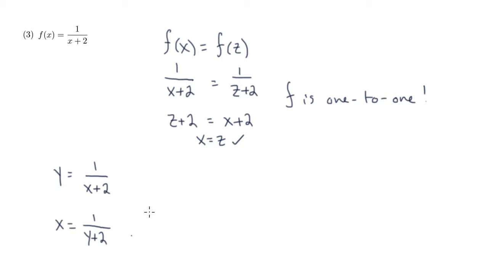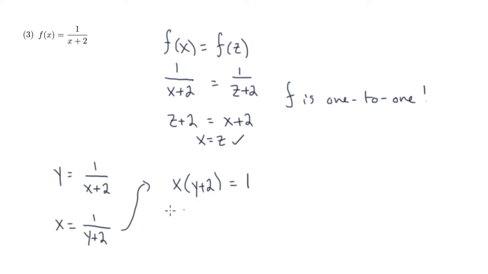And so notice that negative 2 is not in the domain of this function. Okay. So let's see. Let me cross multiply again. We'll have x times y plus 2 is equal to 1.